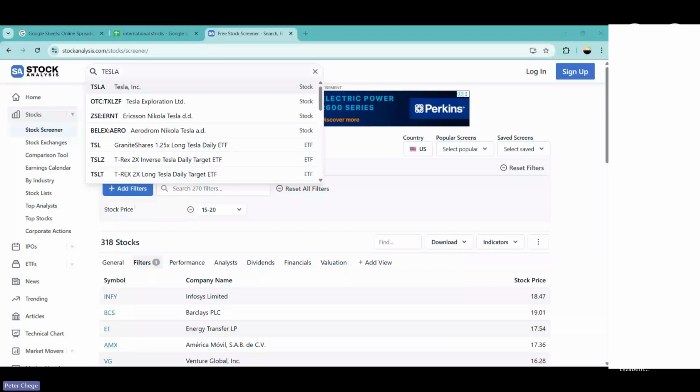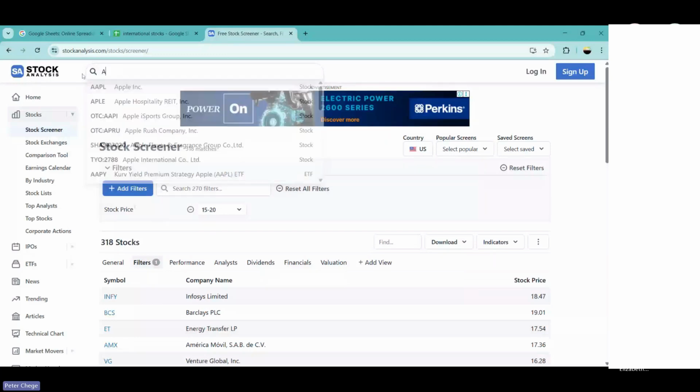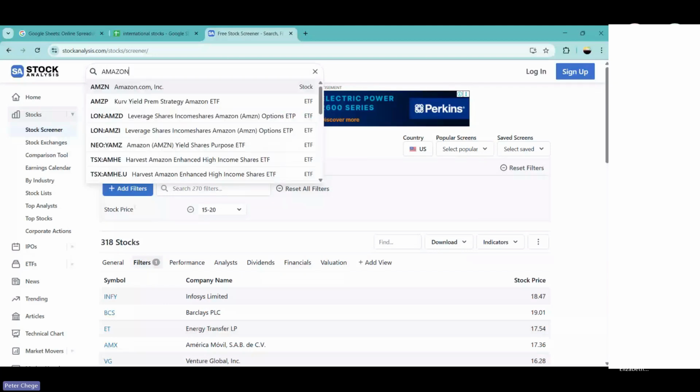Then we have Apple. I know these codes, but I want to write so that you can see how you get your codes. AAPL, that's Apple. Then we have Amazon. It's AMZN. Then the last one.